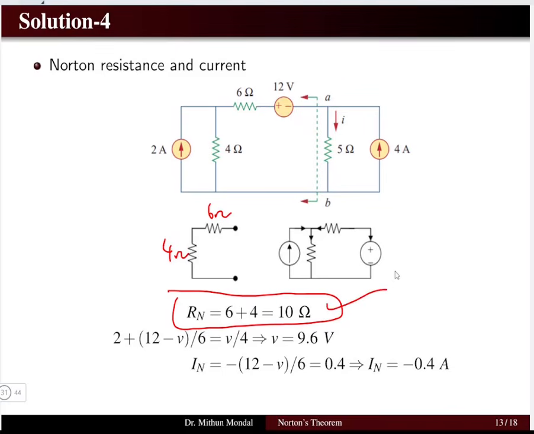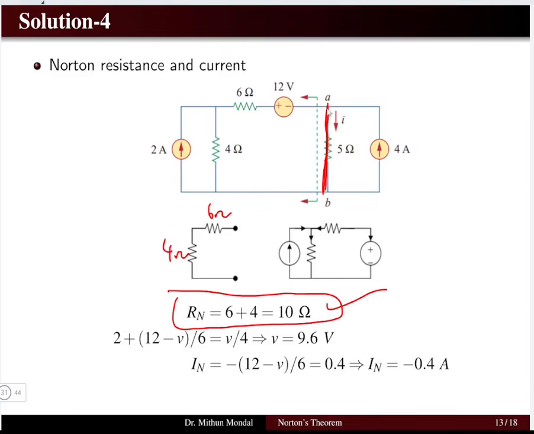Now, if I need to find the I Norton, I will short circuit the load resistor. Then I can make things simple by applying some source transformation, and then determine the short circuit current.